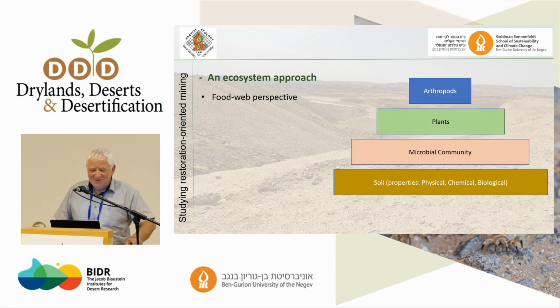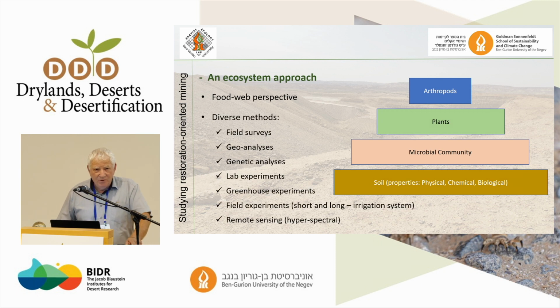We use an ecosystem approach with a food web perspective, so we look at soil, with physical, chemical, and biological properties, and we were also assisted by Eli Saadi on microbial community, plants, and arthropods. I'm going to give you just the flavor of what we do, because we don't have time.